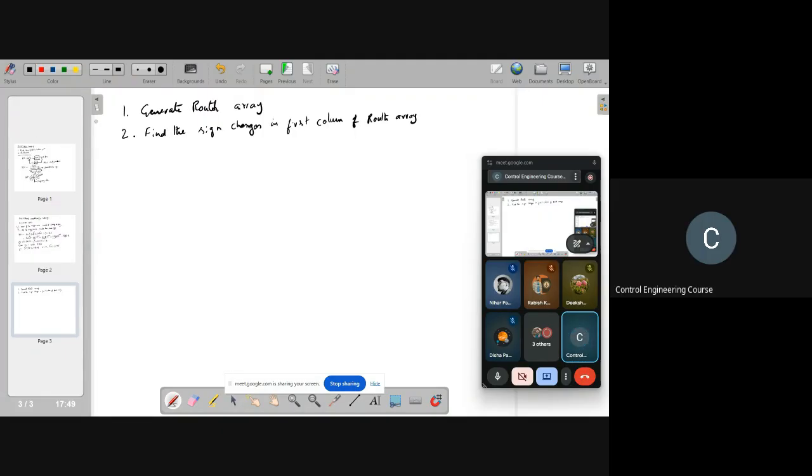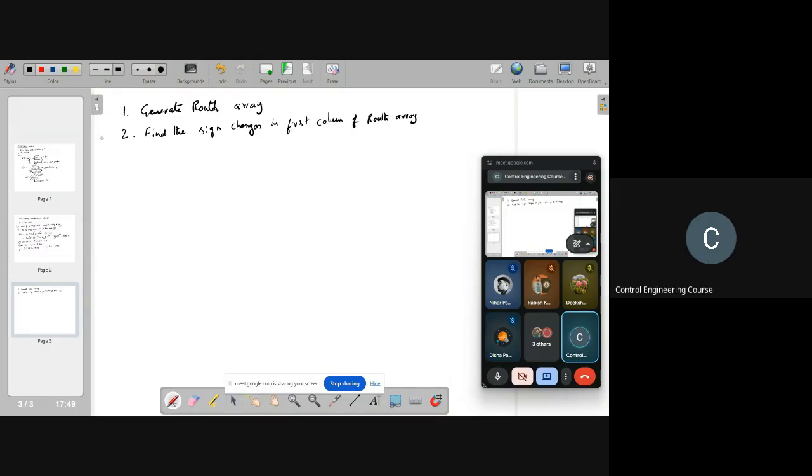Okay. So what it says is that the necessary condition for stability is that if there is no sign change in the first column of the Routh array, then we call the system stable.